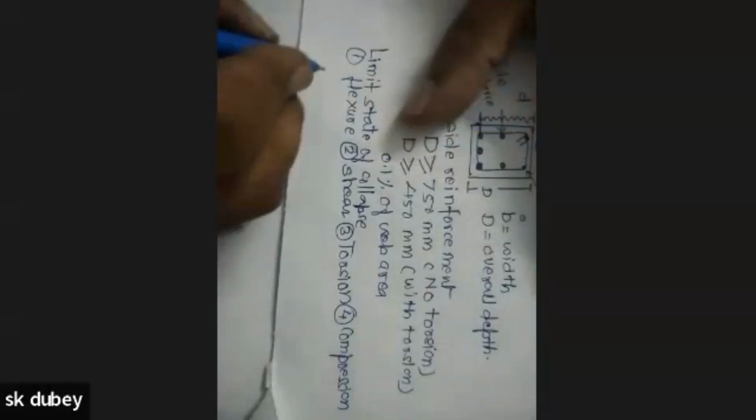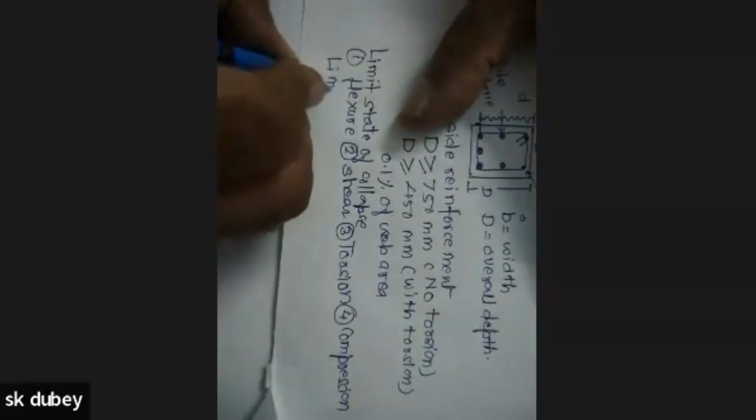Then shear is also part of the design. Always remember, flexure means bending moment. This is for shear. Third one is for torsion. And then compression, which means column. These are the limit states of collapse.